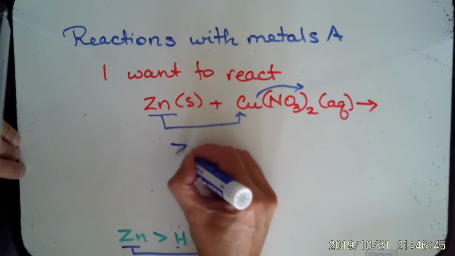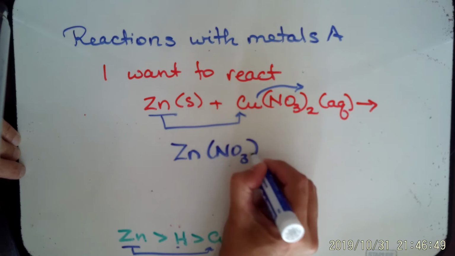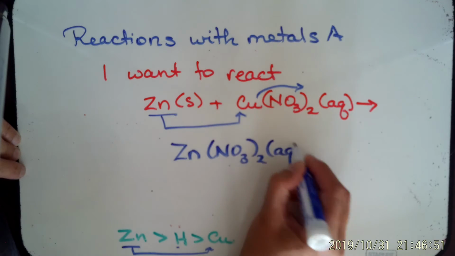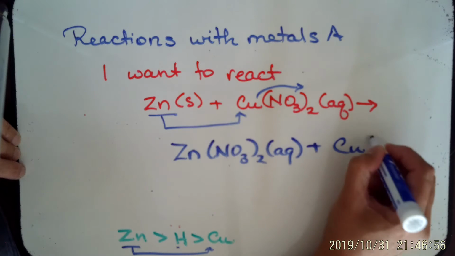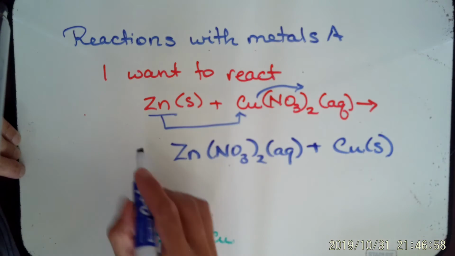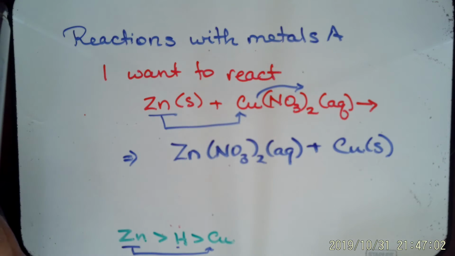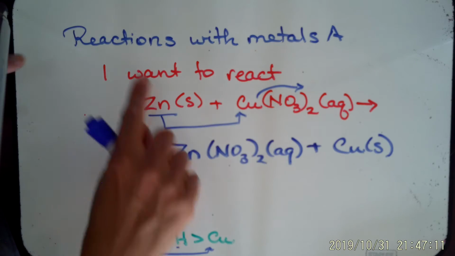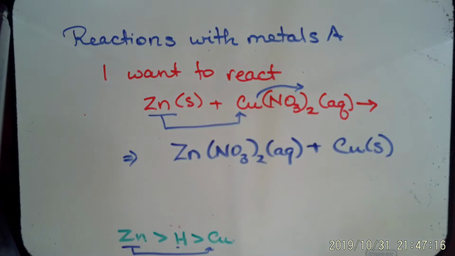We get zinc nitrate, and it bumped out the copper solid. So this is what you will expect to see happen when you do this single replacement reaction in lab. So we actually develop our activity series based on these series of single displacement reactions with metals.